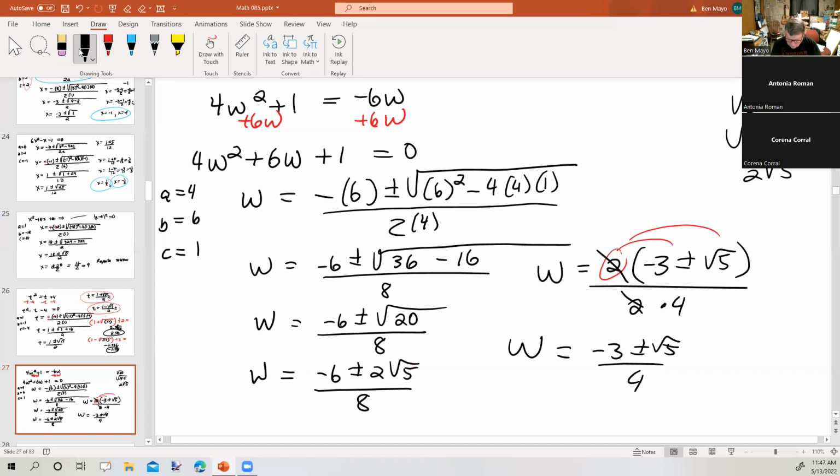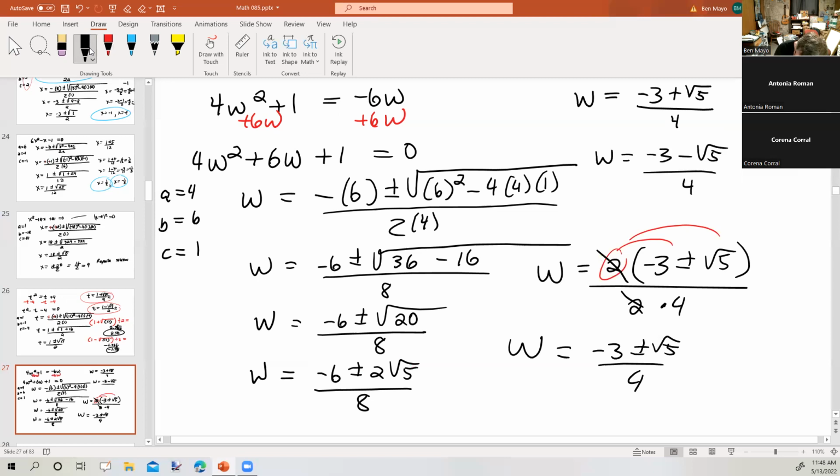Now, I'm going to erase this, so I'm going to use that room. So W equals negative 3 plus the square root of 5 all over 4. W equals negative 3 minus the square root of 5 all over 4.